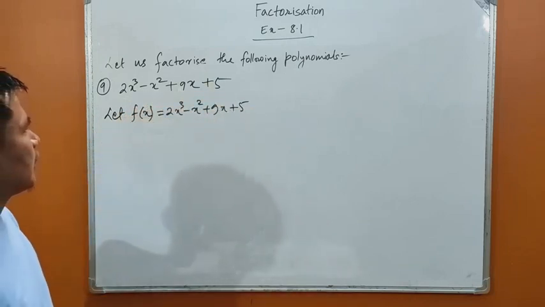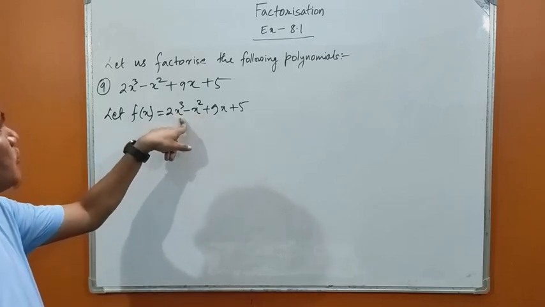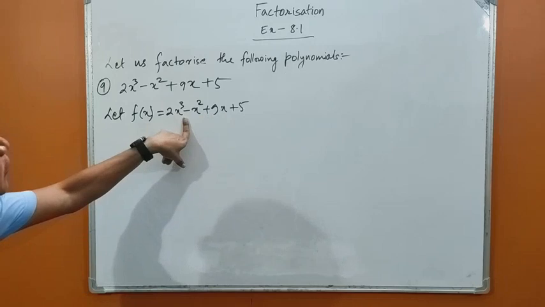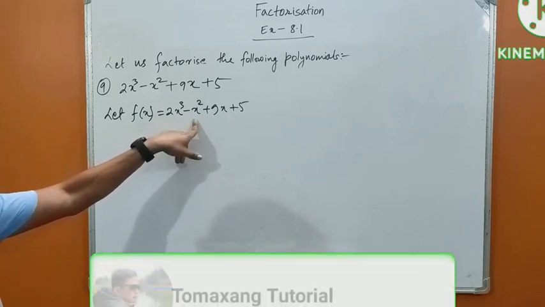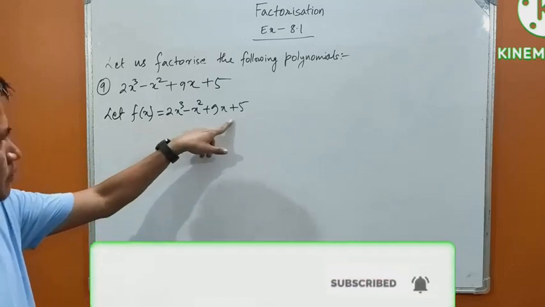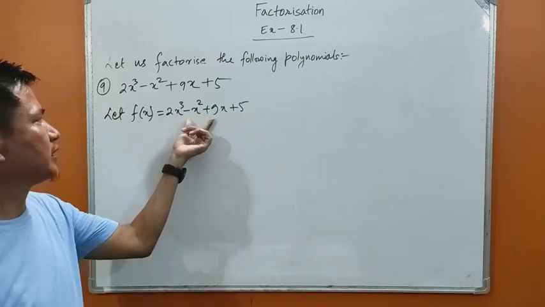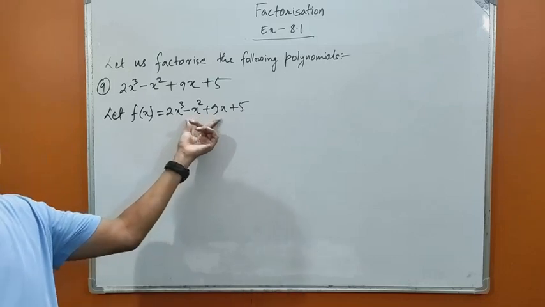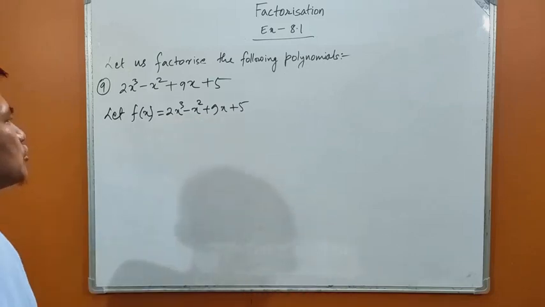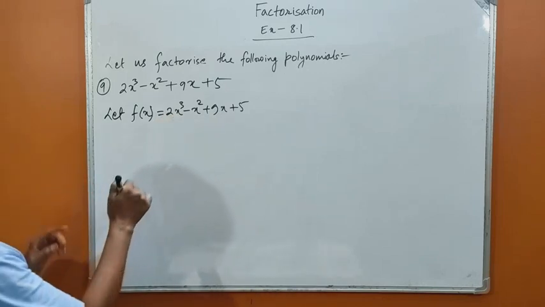Okay, x equals plus 1, minus 1, plus 2, minus 2. So for whole numbers I cannot get, if I suppose the value of x a whole number, I cannot get the value of this expression as 0. So I must suppose a fractional number. So let us suppose x equals minus 1 by 2.